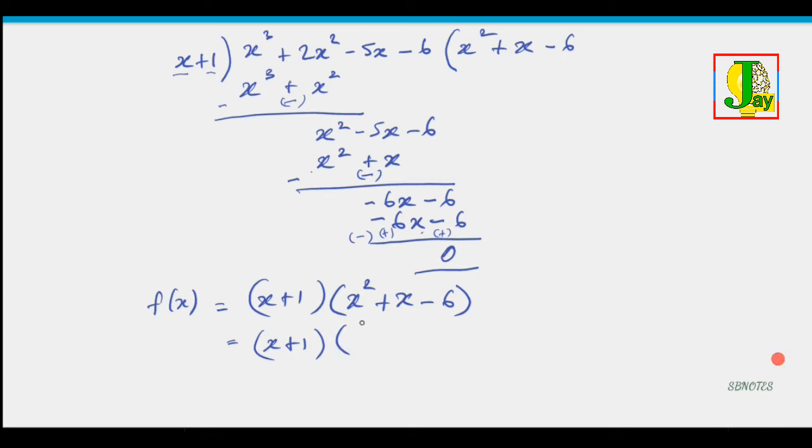By splitting the middle term, for minus 6 we have minus 2 and plus 3.